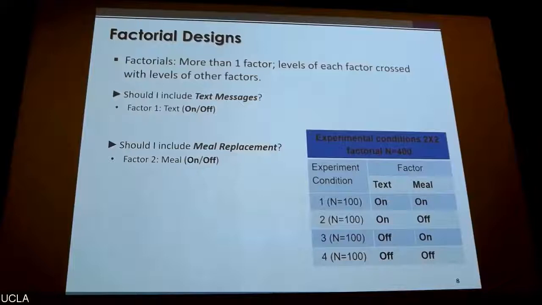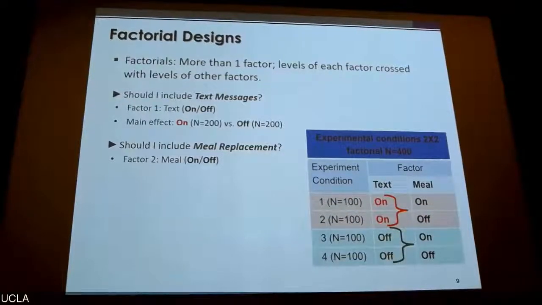Now let's assume that I conducted this study and collected the data, and my outcome is weight loss at the end of the program. How do I use the data to answer both scientific questions? The answer is by estimating main effects. And I know you all know what main effects mean, but it's basically the effect of each factor averaging over or controlling, here it's by design, for the levels of the other factors.